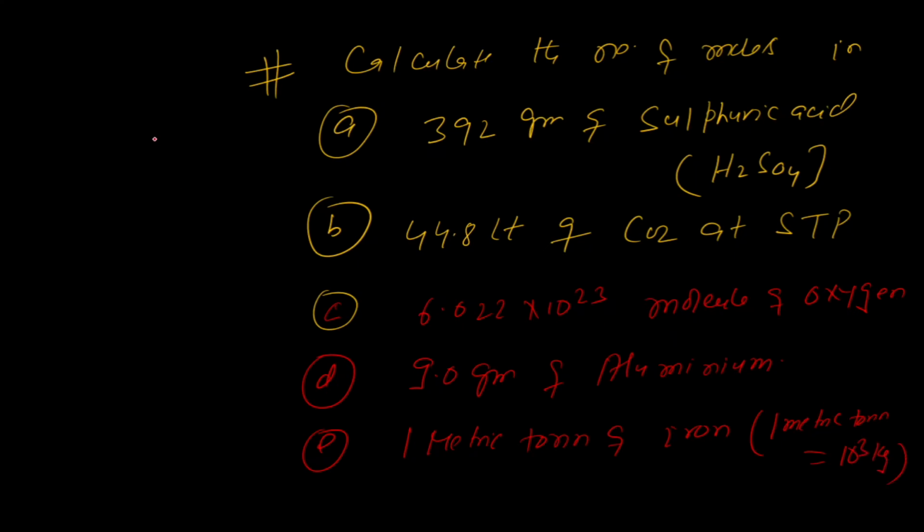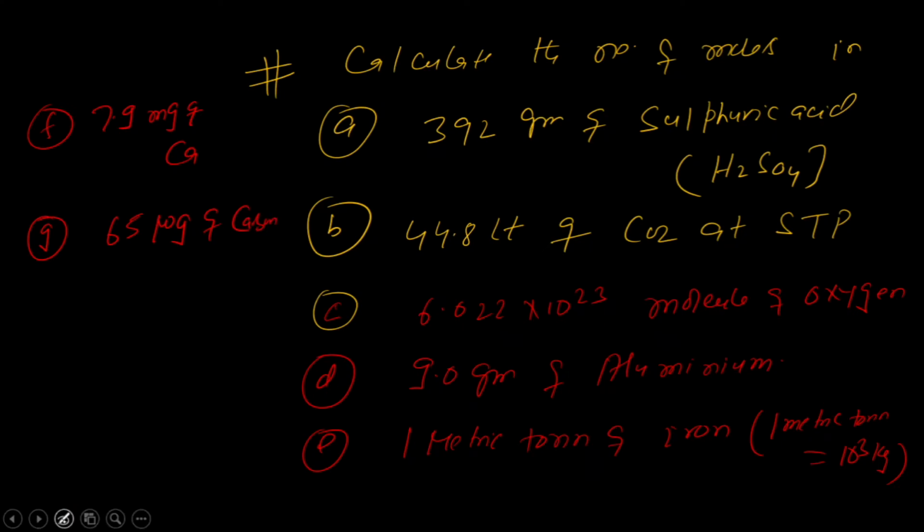And they have also given two more questions. Next question is 7.9 milligram of calcium. And the next one is 65 microgram of carbon. Okay, then we'll solve it one by one.